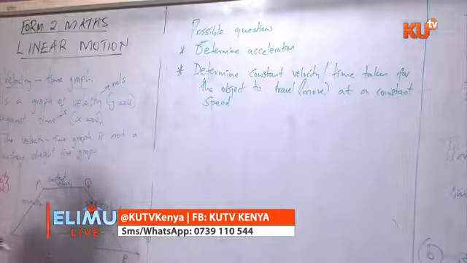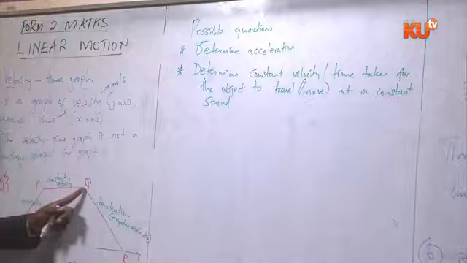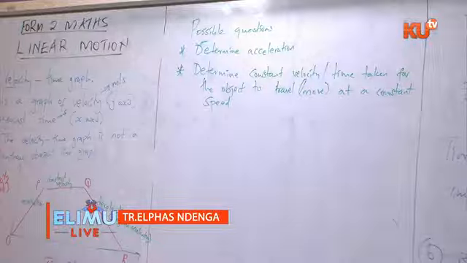That is another area the examiner might ask: what was the constant velocity, or how long did it take for the object to travel at a constant speed?